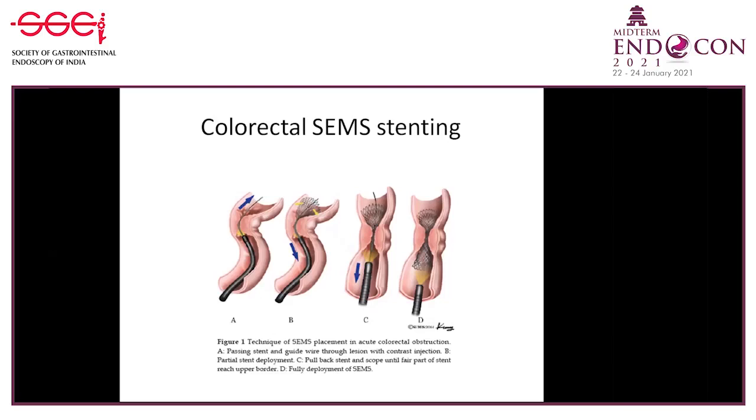Radiologists also insert them, but here we do it properly under visual and fluoroscopic guidance. So here we pass the stent and guide wire and inject contrast to make sure that it's in the right place and not a false tract. Then a partial stent deployment, pull back, and then you deploy the entire stent inside.